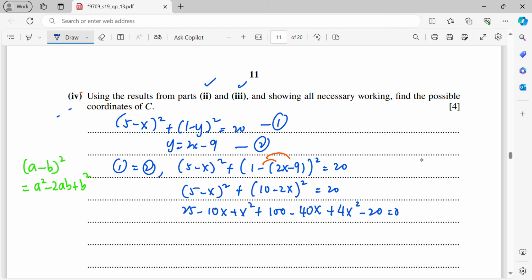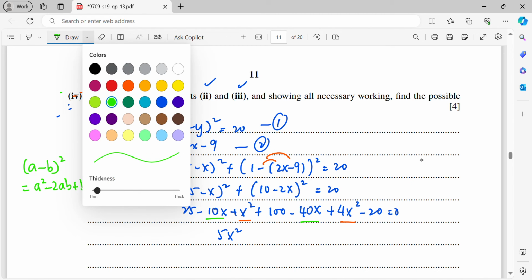Okay, so from here, when you simplify all the terms, x squared plus 4x squared, you will be getting 5x squared. And then the next one is minus 10x minus 40x, that is minus 50x.